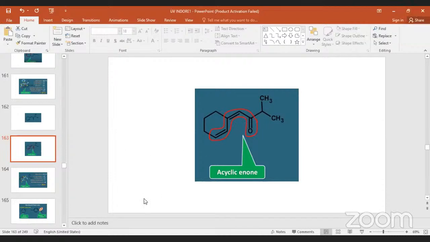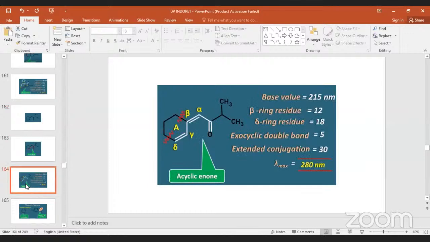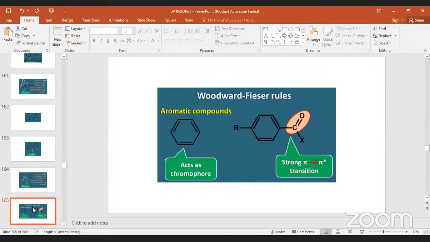Yes, 215 is the basic value. So 280 is the correct answer. 215, yes, 280 is the answer, right? Yes.